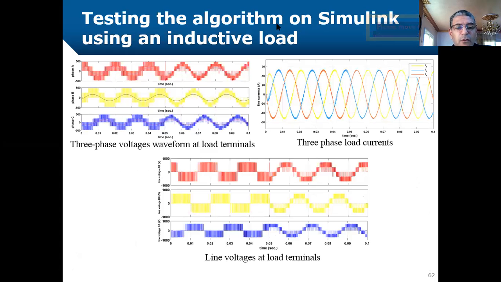Testing the algorithm on SIMULINK using an inductive load. In this test, we make an inverter, and actually it's an interesting experiment. Recall that the inverter topology is quite similar to the 2-level if we ignored the 3 horizontal arms.